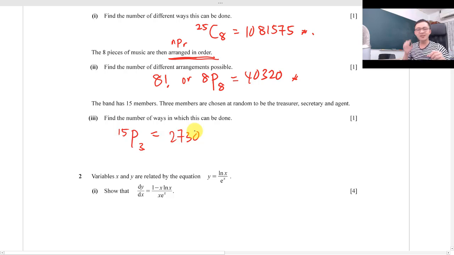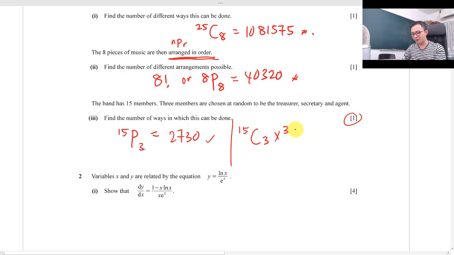Just in case some students do not understand how you can just do 15P3 instead of choosing and assigning separately: actually you can do another method, but because it's just 1 mark, I will straight away do it this way. If you want the other method, I will show you. I have 15 members and I choose 3 of them.